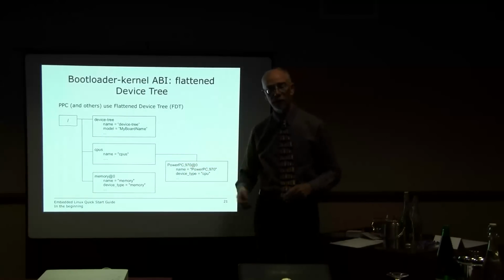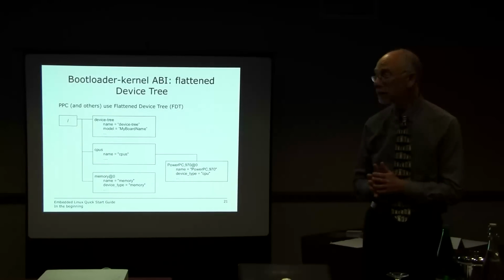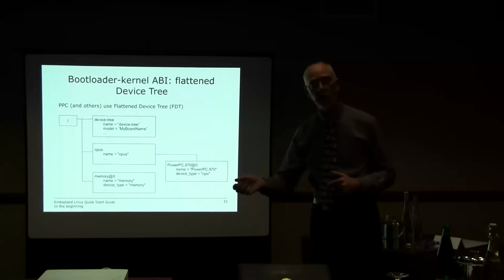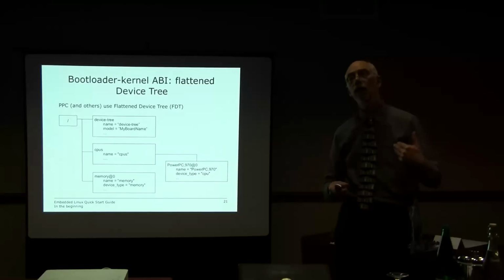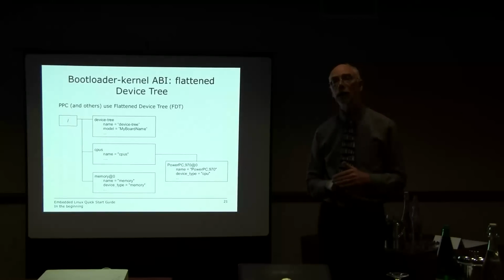And you can generate these to your heart's content. Typically, in fact, you generate this as a text file, and then you feed this into both the bootloader and the kernel. But it's just another way of the bootloader telling the kernel what resources it has.